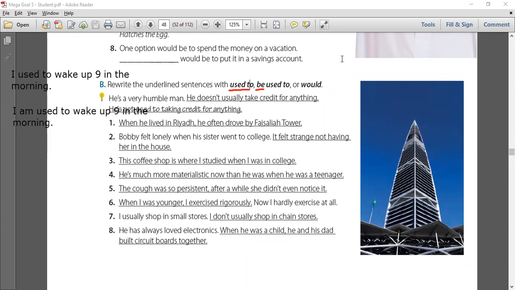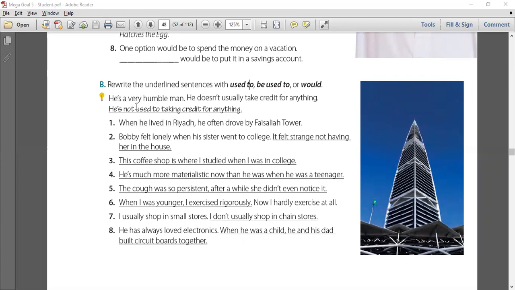Now, you're going to rewrite the sentences with used to, be used to, and would. Would, the same thing as used to. The only difference between would and used to is that I use used to for real events that were in the past, but would, no. I would use it for maybe when I'm thinking about something in the past.